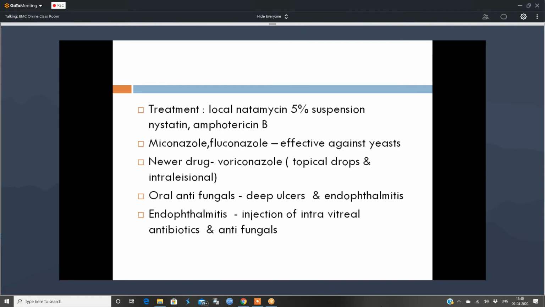Anyone? Make an attempt. I'm waiting, I can't hear anyone. Just make an attempt. Treating fungal infections anywhere in the body is a challenge. Why?